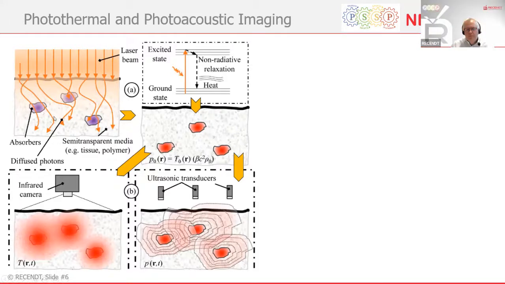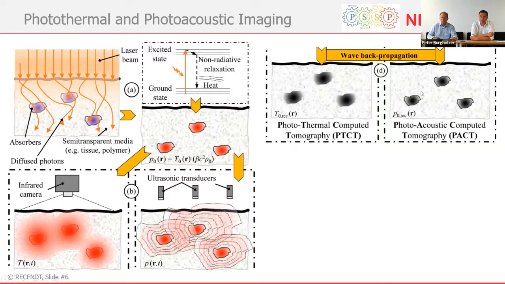It penetrates, for instance, blood tissue or also epoxy material, and it heats the absorbers here, for instance some blood vessels or some carbon fibers. Because of the heat, the heat spreads and can be measured at the surface by an infrared camera, or because of the thermal expansion, they send out an ultrasound wave, which you can also detect.